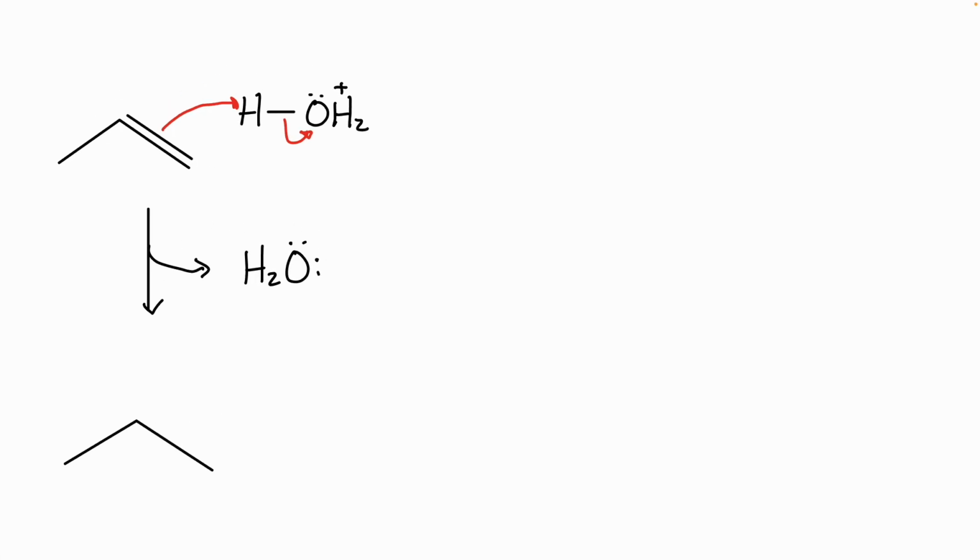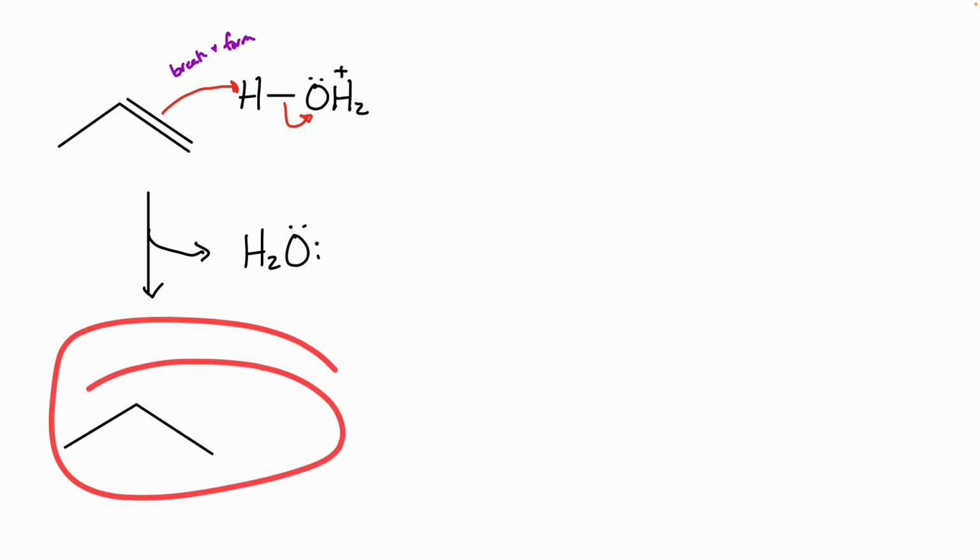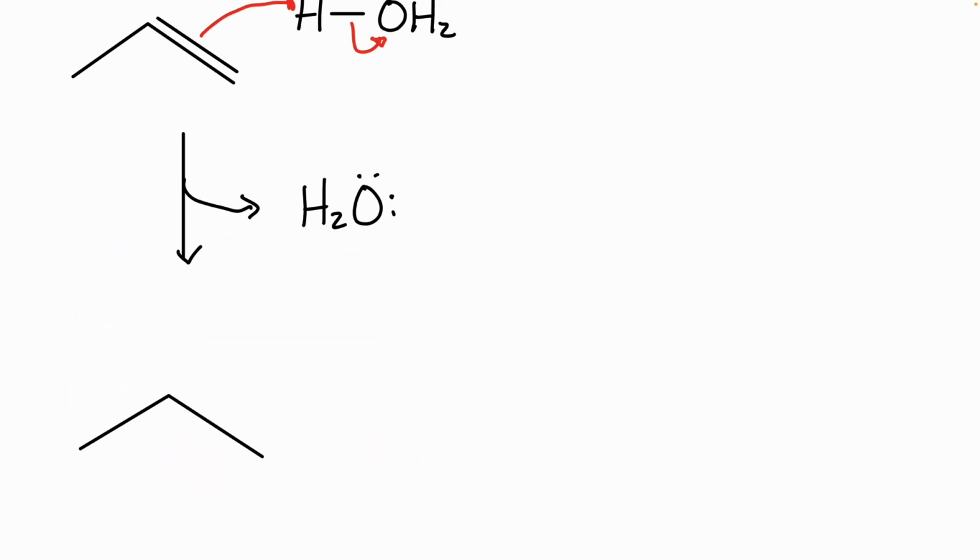All right, but this is one of those bond breaking and formation arrows. So what is my organic intermediate going to be here? We have a special name for this intermediate. I haven't finished drawing it yet. Something's missing.